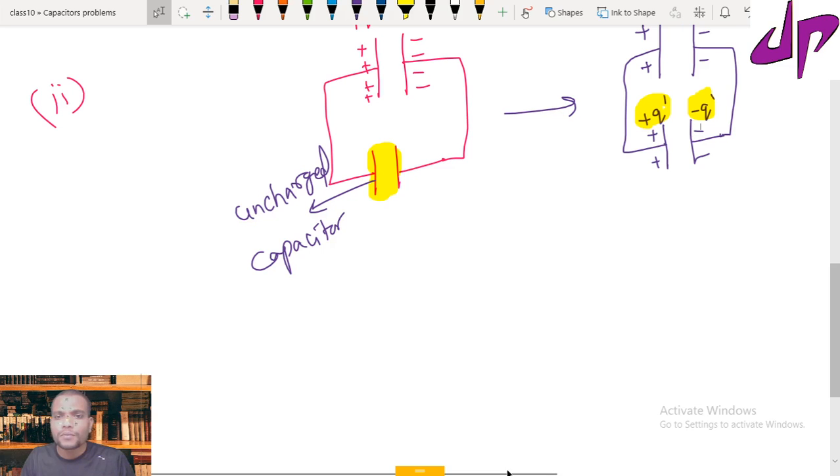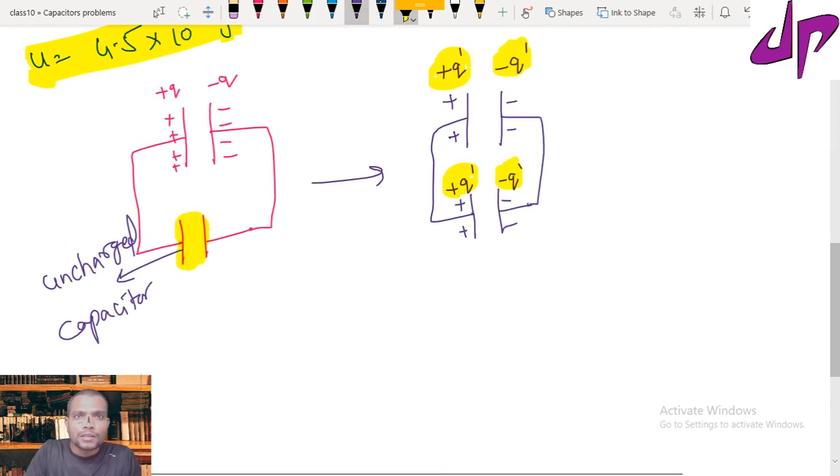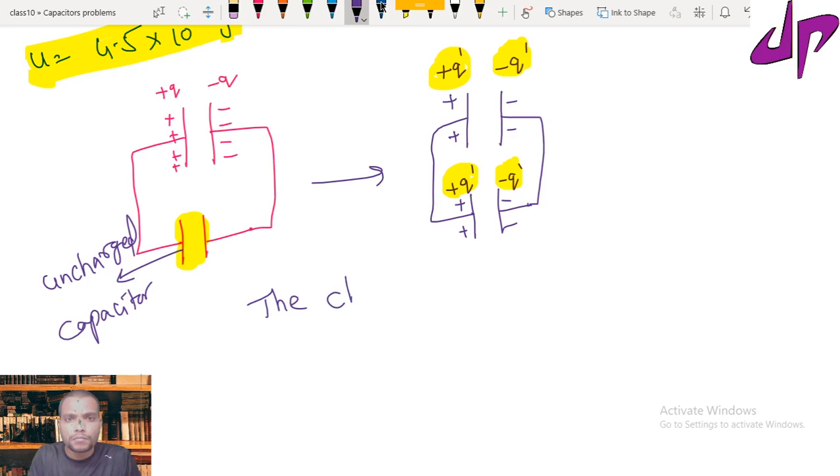To find that, first I need to write what changes happen. First, the change in the potential.